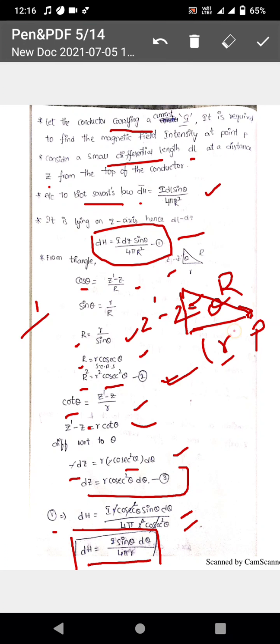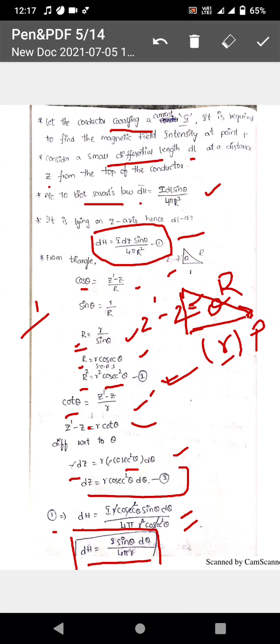Small r is the opposite side, and small r by hypotenuse capital R is sin theta. Therefore R equals r by sin theta, that is r cosecant theta, so R square equals r square cosecant square theta, that is equation 2.